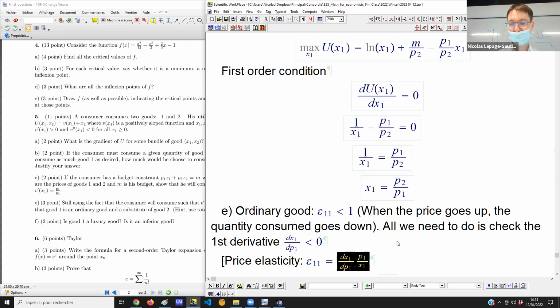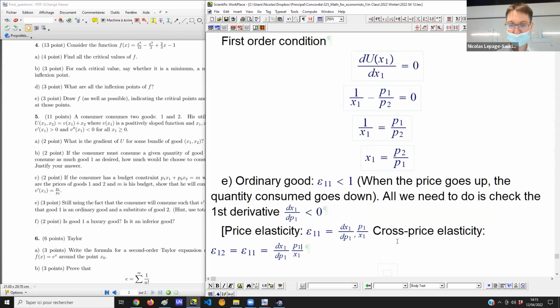And you could also have cross price elasticity. Yeah, exactly. So you would have the derivative of x1 with respect to p2. And by the way, we're going to need this for the next question.